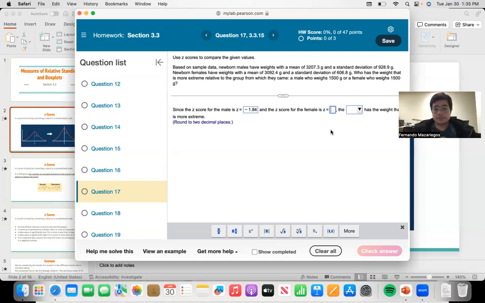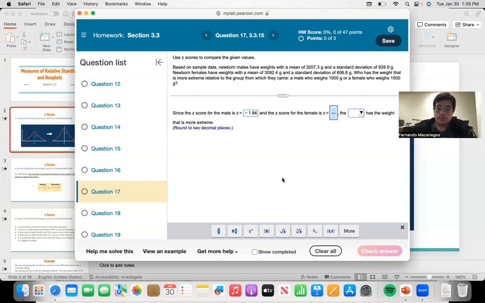Now let's find the z-score for the female. We have 1,500, that is the x value. We subtract the mean, which is 3,092.4, and divide by the standard deviation. So we calculate this.